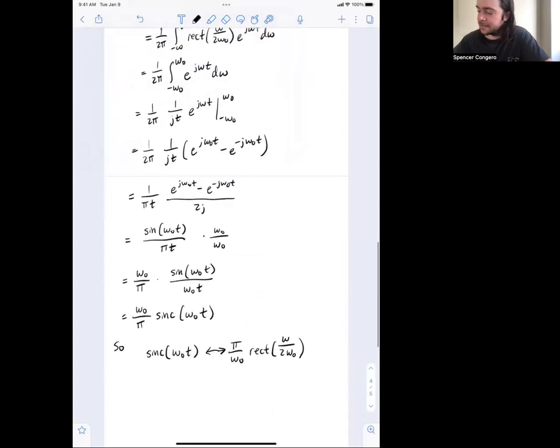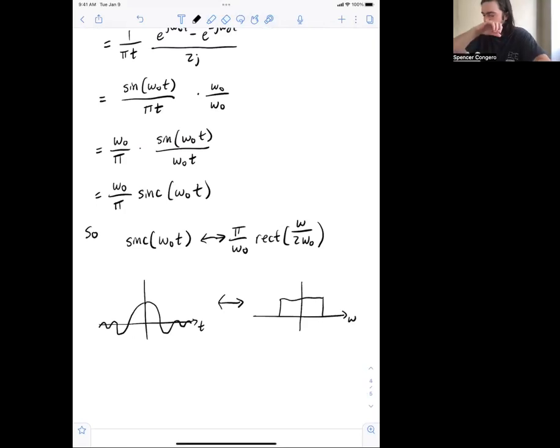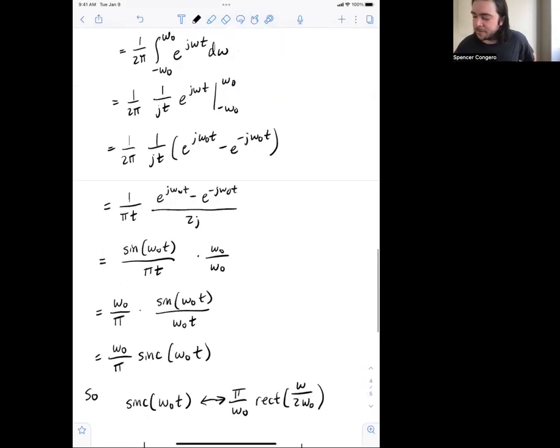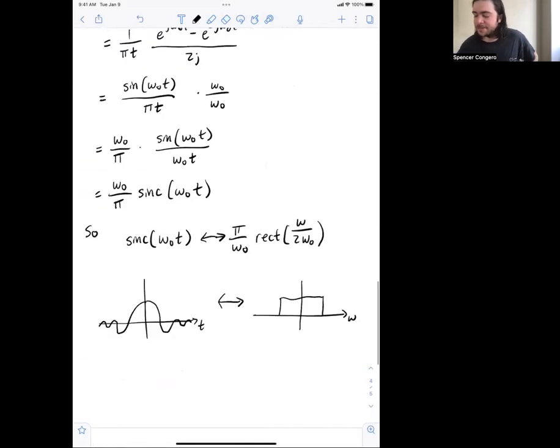Okay, so just to draw it in pictures, if I have a sinc in time, of course, you got to make sure you get all the constants right, omega naught t. But if I have generally that picture in time, what it looks like in frequency is a Rect. Okay, so you can see that before, a Rect in time was a sinc in frequency. Here, the sinc in time is a Rect in frequency.